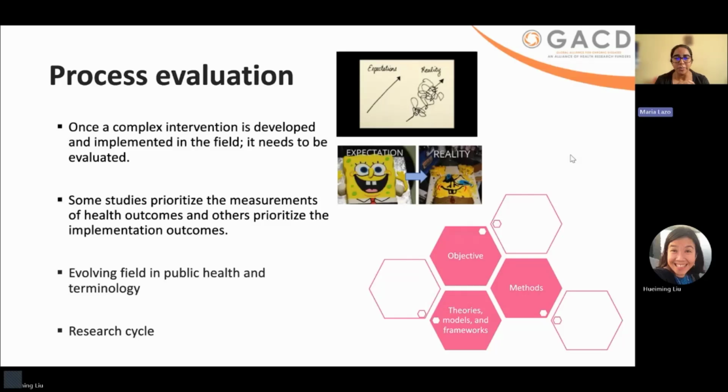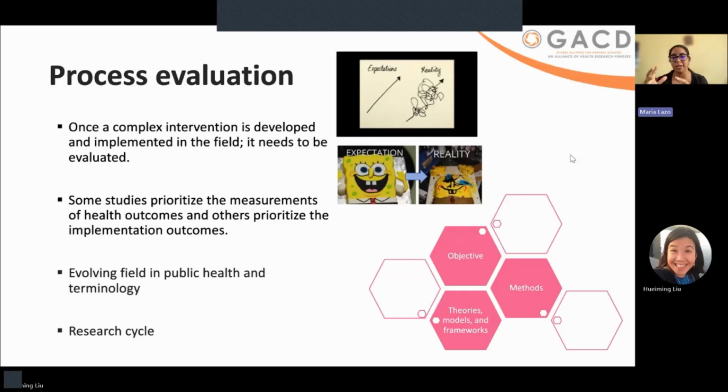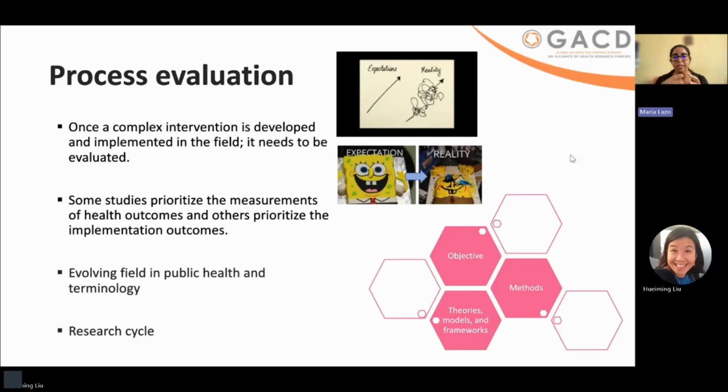And similar to this SpongeBob, you have the expectation that it will be perfect because you know the recipe, you have the ingredients, you know how to do it, but in reality, it can end up like a mess. So the key message here is that sometimes we need to understand what happened in the middle, what went wrong, what went well, to understand what happened during the implementation.